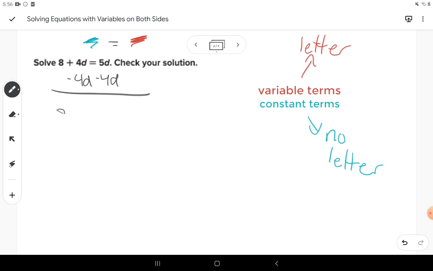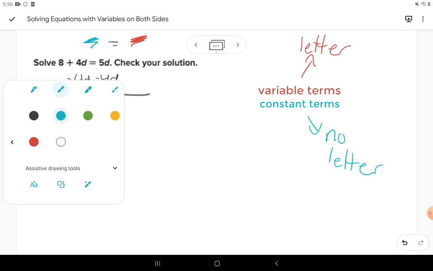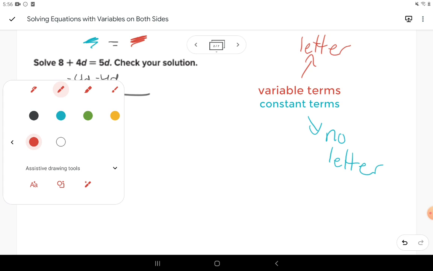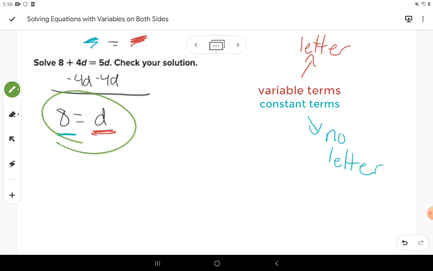This leaves me with 8 equals, and then 5 minus 4 gives me 1D, which we can also just write as D. So notice here that we have our constant term on one side, we have our variable term on the other side, and we solved for D, which means that 8 equals D should be your answer.